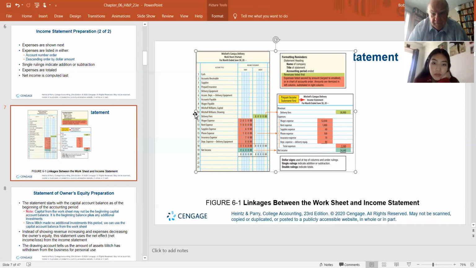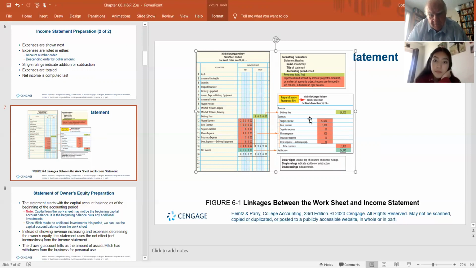Everything above delivery fees is your balance sheet, and everything delivery fees and below is your income statement. Okay, so that's a good tip to know. With that in mind, we can now take this trial balance and turn it into our income statement. So that's not too tough, Riley.